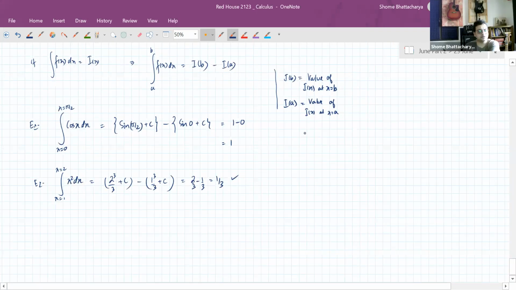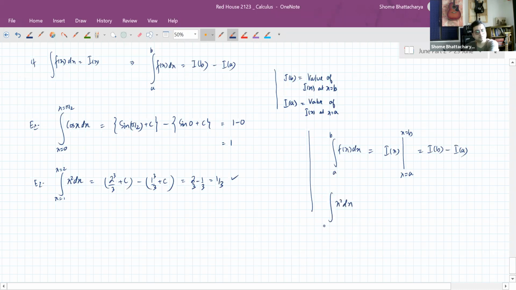So sometimes to make the writing of this easier, we can introduce an intermediate step. You first calculate the indefinite function and on that you substitute the limits. For example, first I'll calculate the indefinite integration, and on that I'll put the limits. And you need not write the constant also because it cancels out.